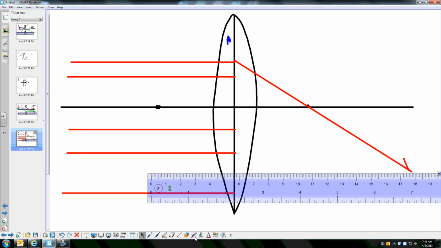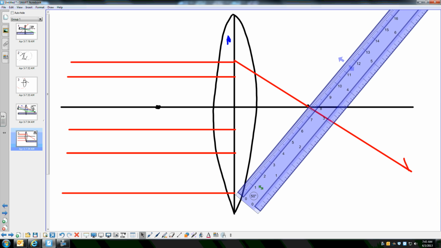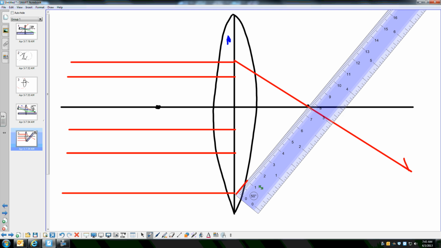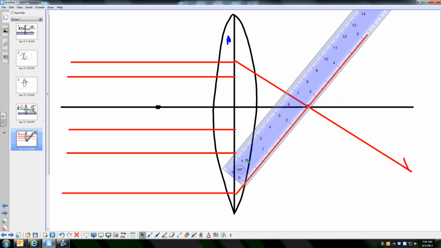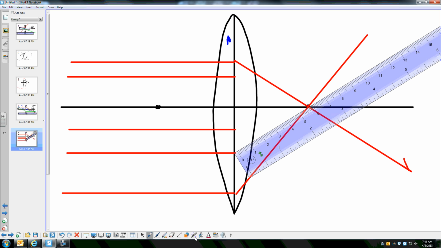All of them are going to go through the focus. So you can imagine that's stacking a lot of energy. It gets really hot. This is what magnifying glasses do, yes. Some glasses are concave.